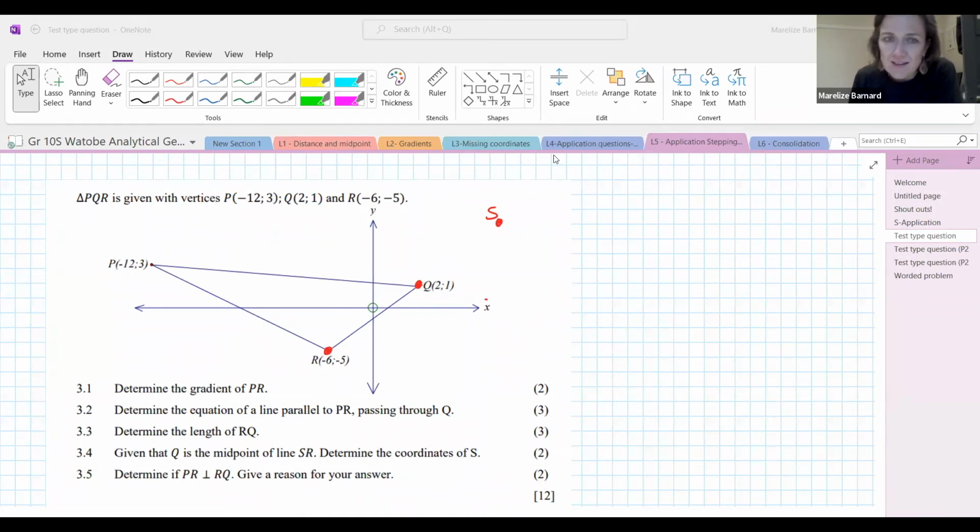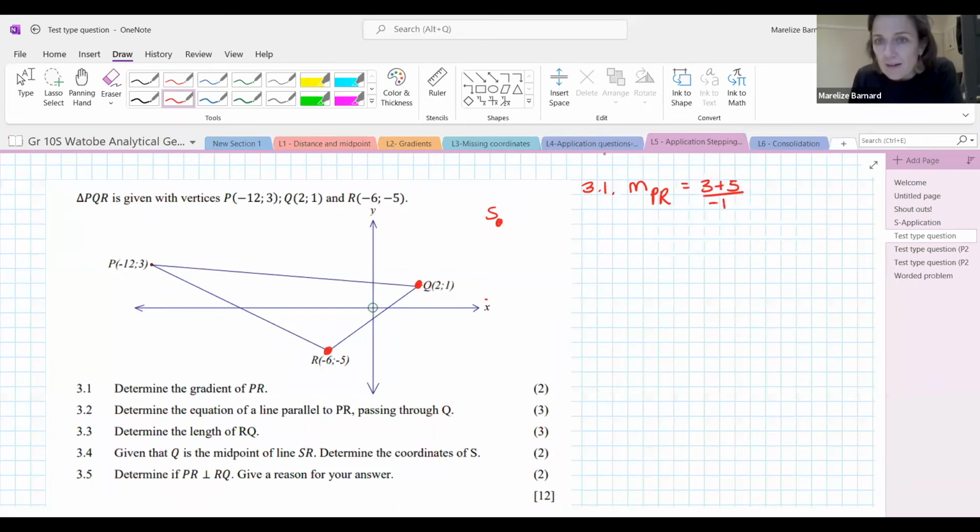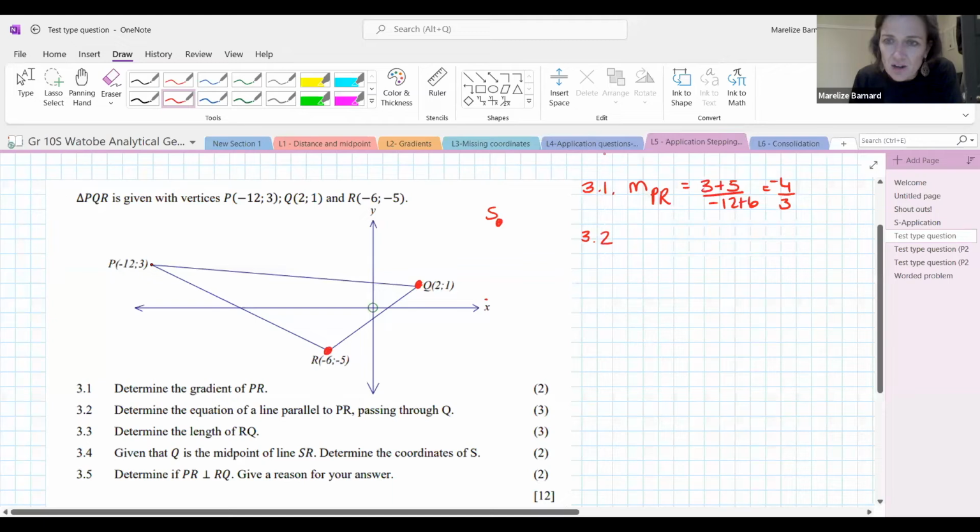Nyasha, Isa, I agree. 3.1, the gradient of PR is -4/3. We go 3 plus 5 over -12 plus 6, and that's going to simplify to -4/3. Wonderful. I see lots of you agreeing. We've got the gradient in the bag.